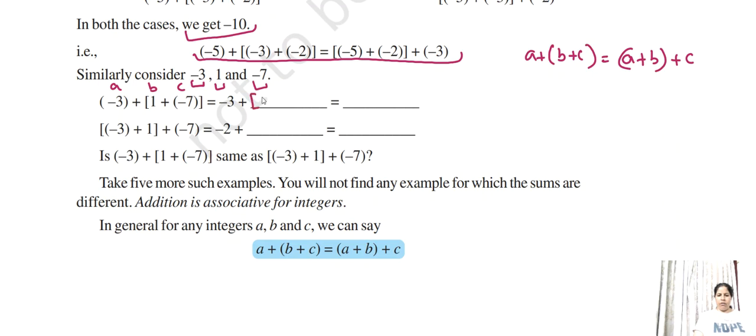B plus c means plus 1 plus minus 7. We will solve it and get minus 3 minus 6 equals minus 3 minus 6, so minus 9 to minus 9.